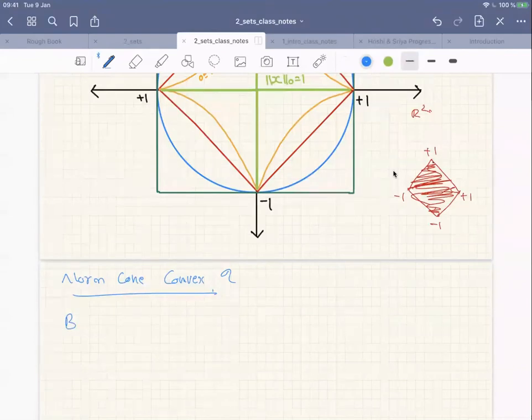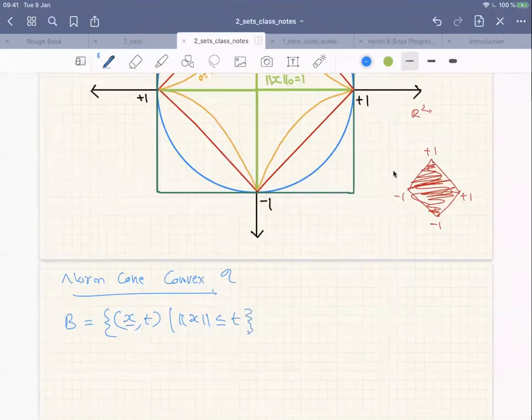We know that it is a set. For example, let's call it B. Let's denote the set as B, which is the pair, vector x and t, such that the norm of x is less than or equal to t, right?